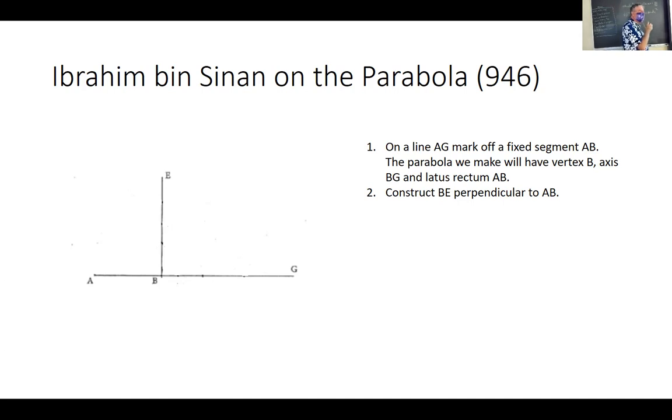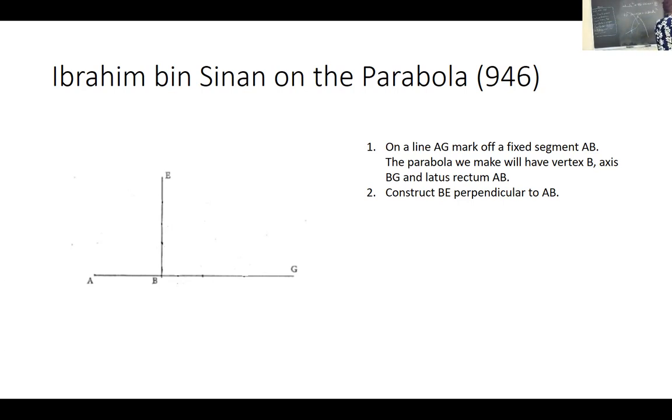Supposedly he was inspired to do this because his grandfather was Thabit bin Qurra, a famous mathematician, whose methods of constructing conic sections were criticized as being too complicated. So he felt he had to clear the family honor by coming up with his own methods. And his methods are actually really nice and clean.